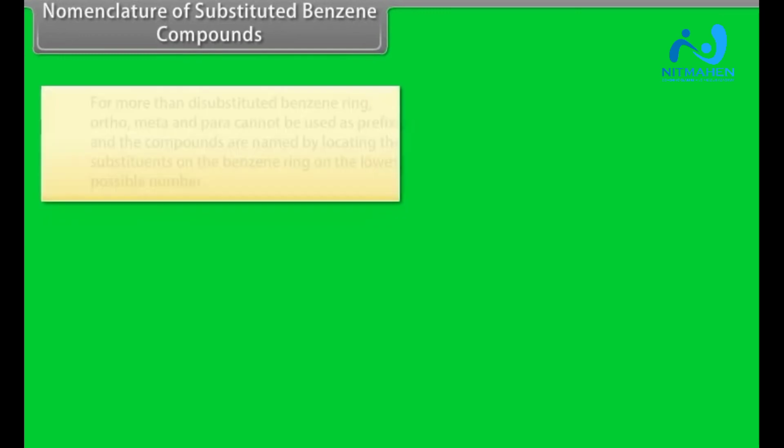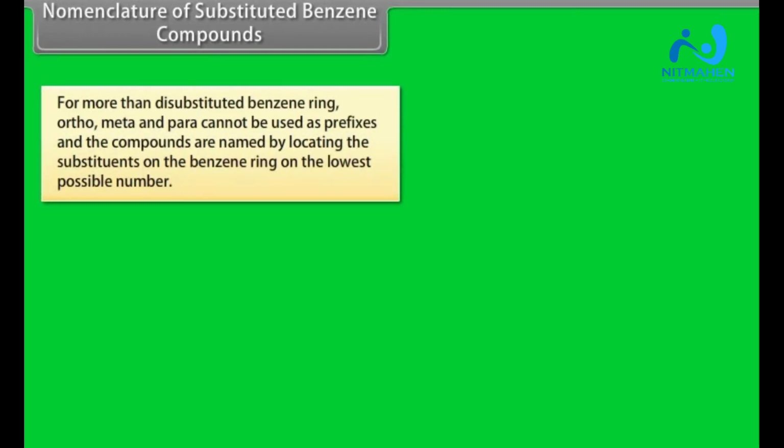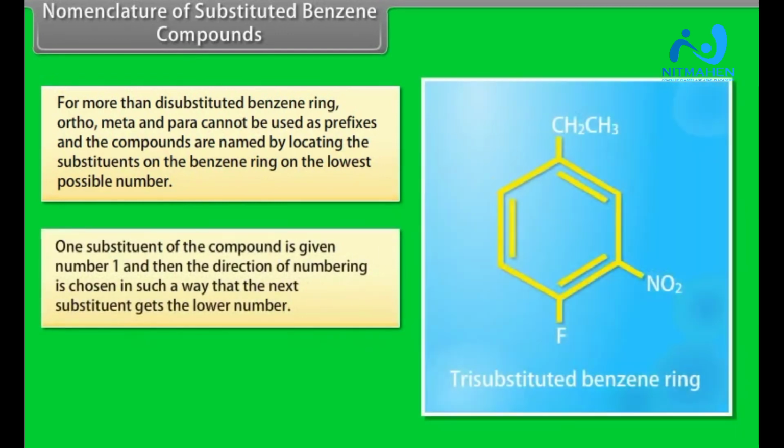Nomenclature of substituted benzene compounds. For more than di-substituted benzene ring, ortho, meta, and para cannot be used as prefixes, and the compounds are named by locating the substituents on the benzene ring at the lowest possible numbers. One substituent of the compound is given number 1, and then the direction of numbering is chosen in such a way that the next substituent gets the lower number.